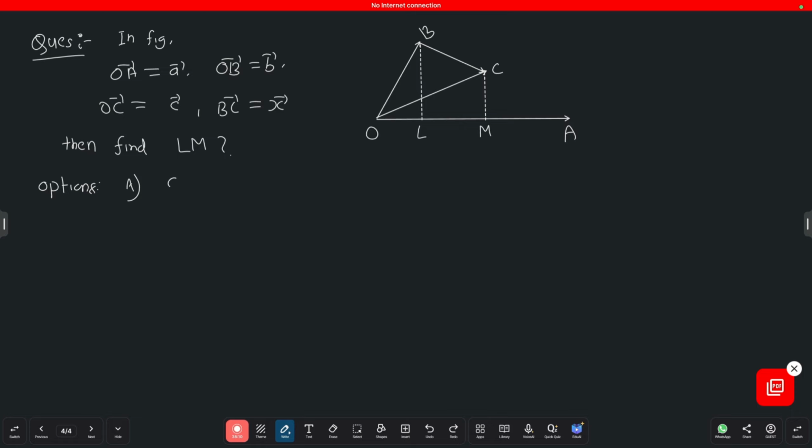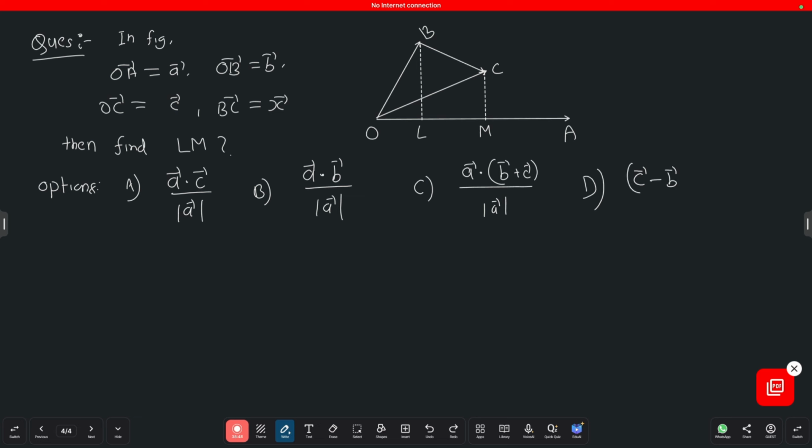Option A: A dot C upon mod A. Option B: A dot B upon mod B. Option C: A dot B upon mod A. Option D: A dot B plus C upon mod A. Option E: C minus B dot A upon mod A. Solve this question.